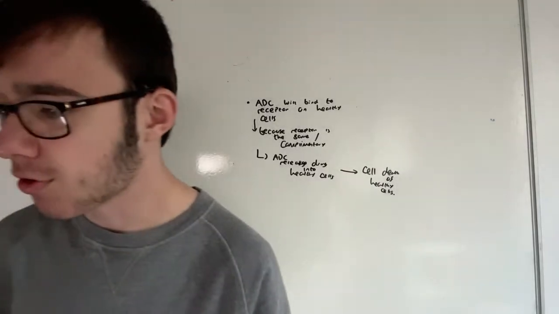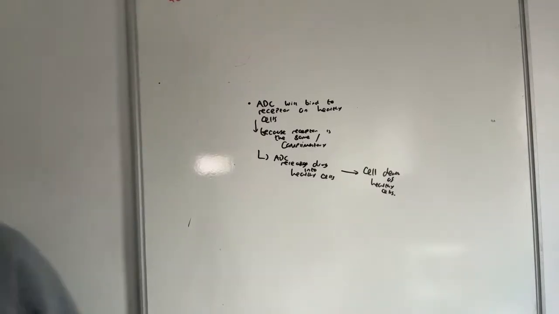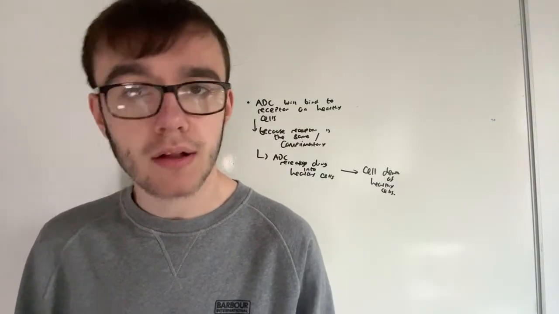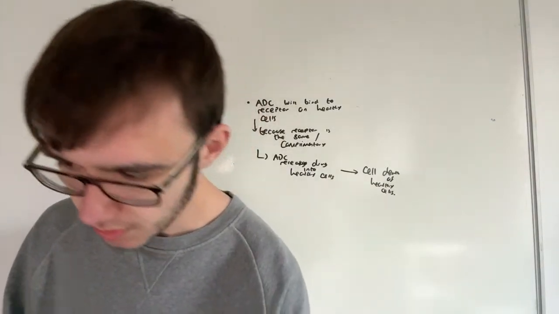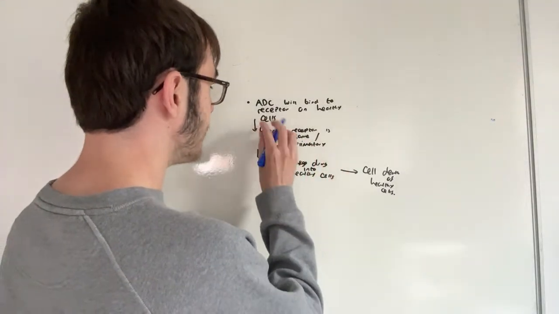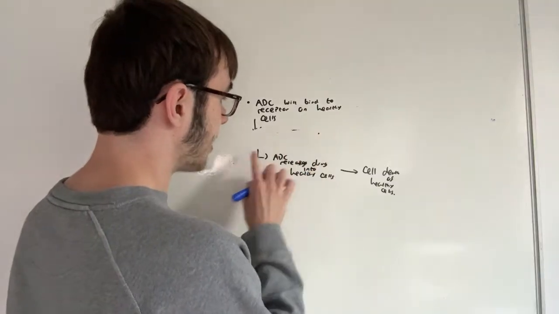ADC will bind to non-tumor / healthy cells, reject reference to active site. Wait, have I over-explained this? Cause death / damage to healthy cells. Okay, so the only bit I needed to say, I didn't need to say anything about the receptor being complementary.